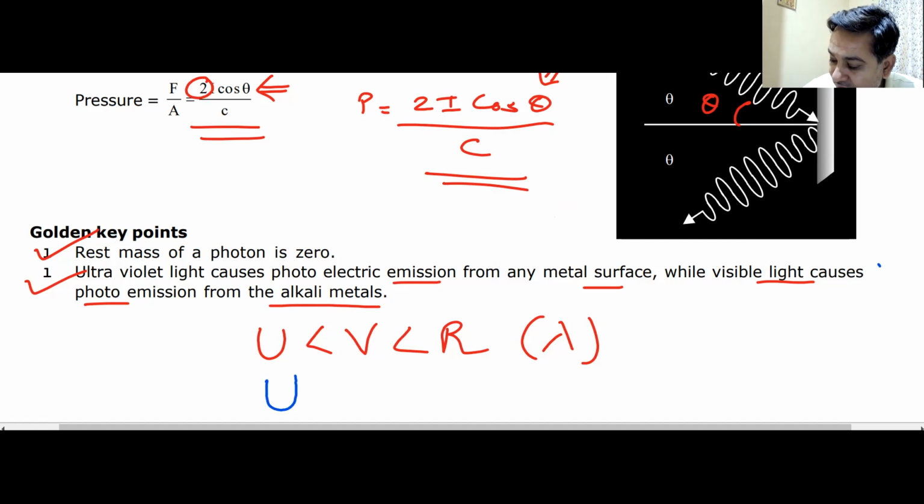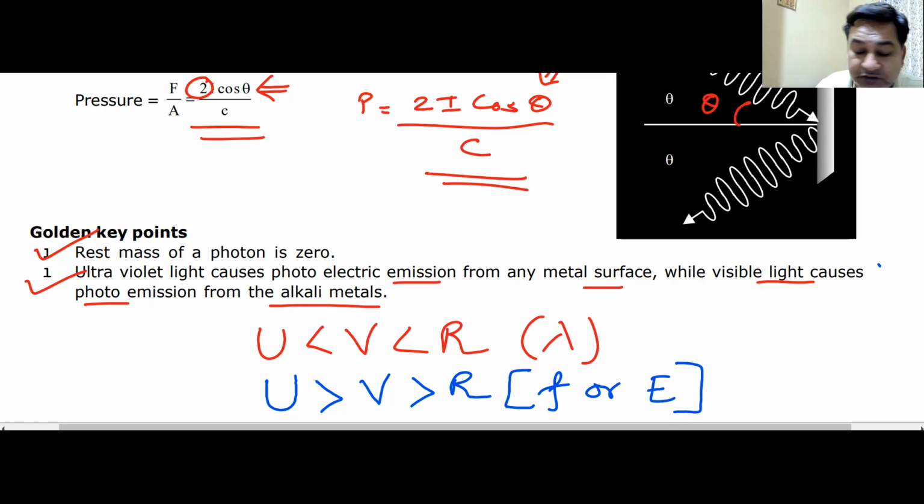U means ultraviolet, V means visible, R means infrared. Which will have more energy? Ultraviolet will have more energy compared to visible, and visible will have more energy compared to infrared.